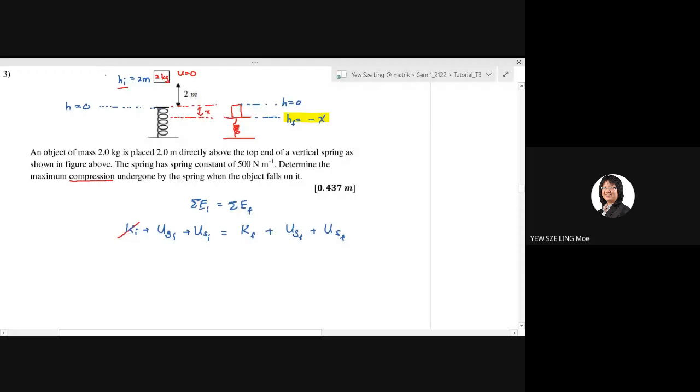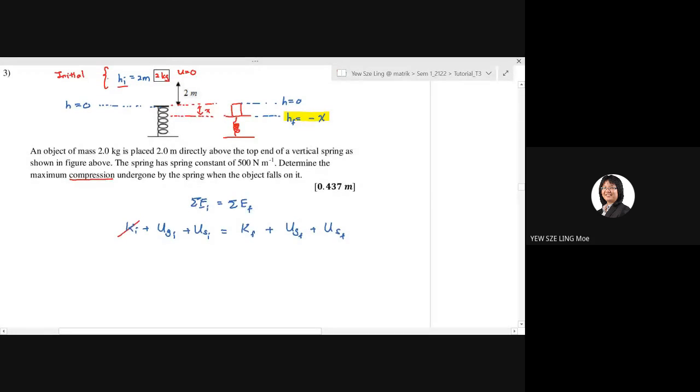At its initial state, there's no spring in the system yet. It hasn't compressed or stretched the spring, so you can remove the spring from the equation.